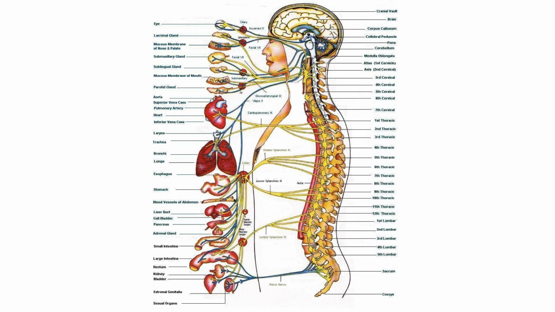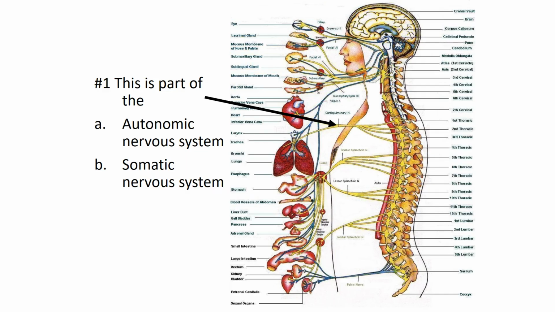This image that I swiped off of the internet is not found in your book, but it shows a pretty broad scale coverage of the nervous system, including both central and peripheral nervous system structures. So if I pick out one piece of it, like here, the cardiopulmonary nerve, a sample exam type question would be, well, what is this thing?